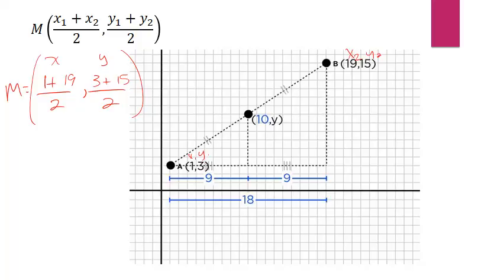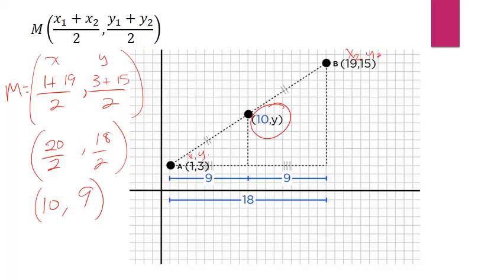So 1 plus 19 is 20 over 2, and 3 plus 15 is 18 over 2. When we reduce that, that turns into 10, 9. And we can see here we have our 10, and the complete midpoint is 10, 9.